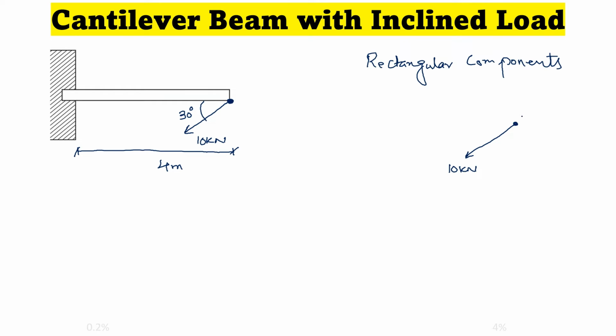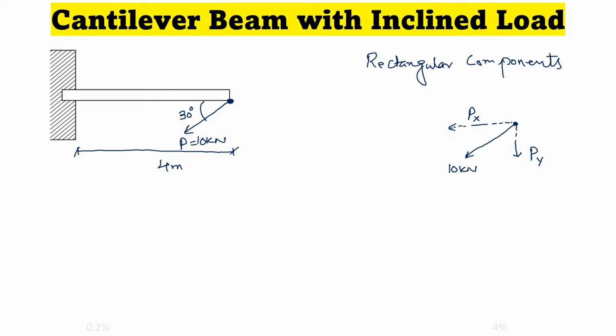This is 10 kilonewton, and we will draw the vertical axis and horizontal axis. Say this load is P, then the horizontal component of the load will be Px and the vertical component will be Py. Whenever the load is inclined on any type of beam, that may be a simply supported beam, cantilever beam, overhanging beam, or continuous beam, any type of beam can have an inclined load.